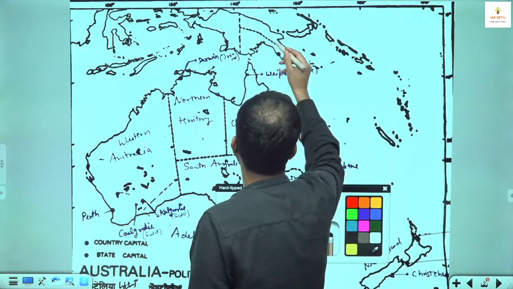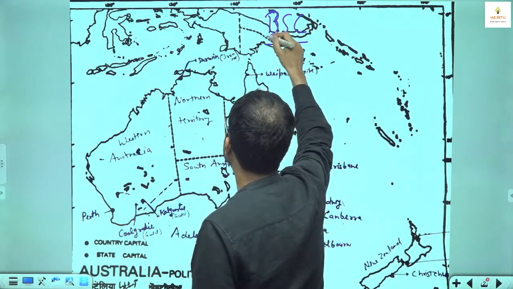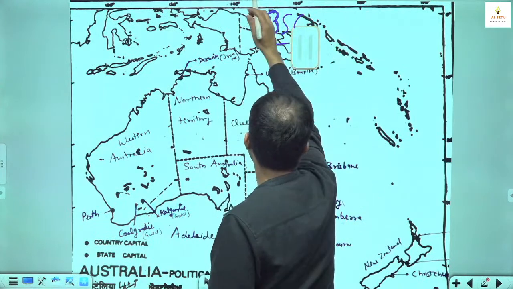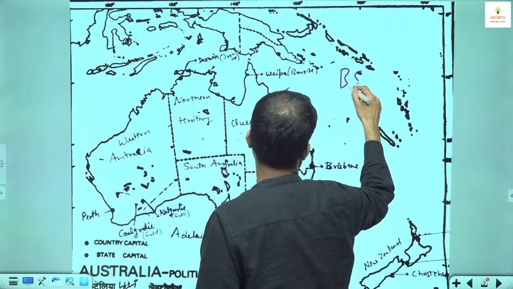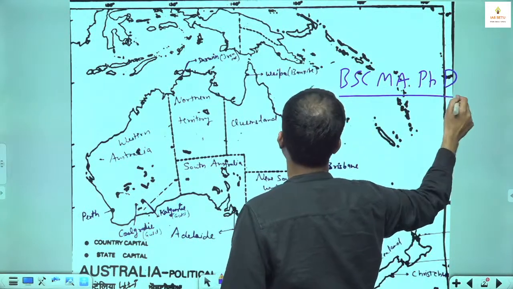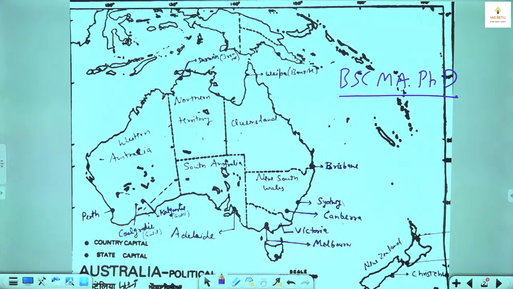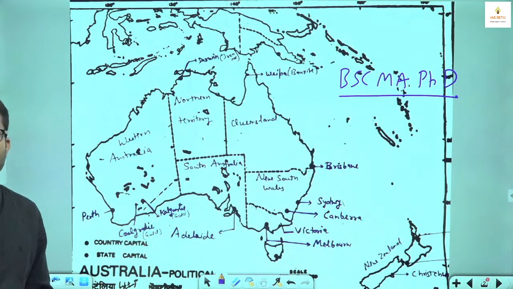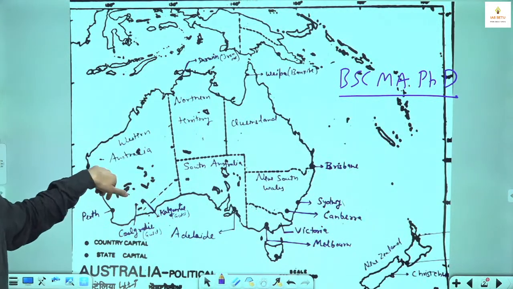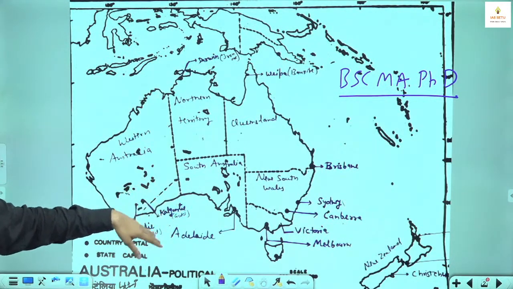Now the mnemonic here is BSc, मतलब किसी बंदे ने पहले BSc की, फिर MA की, and then PhD. BSc, MA, PhD. And this is so wonderful, it covers all the important cities in a clockwise direction.